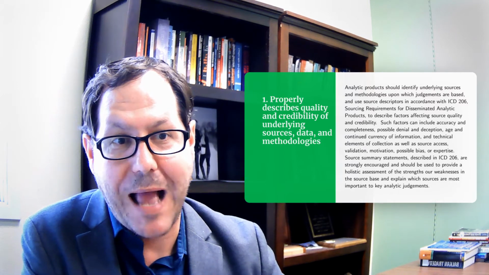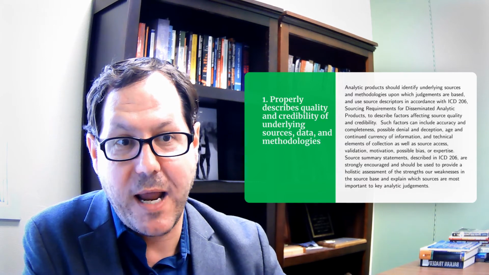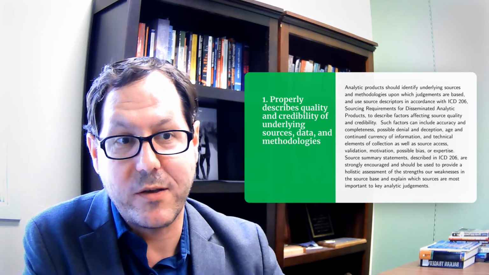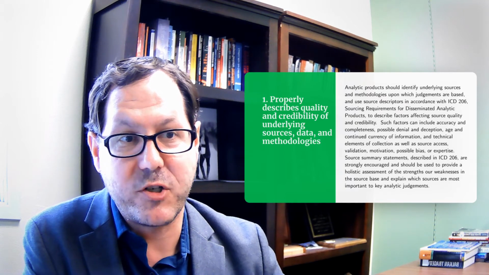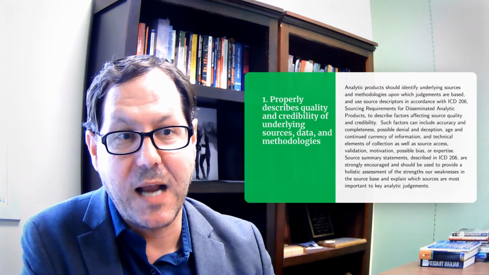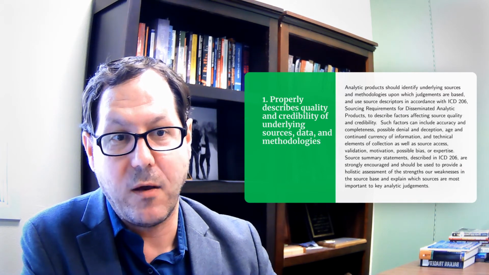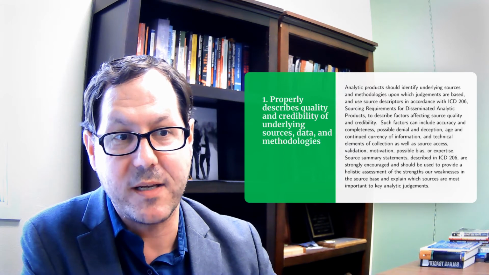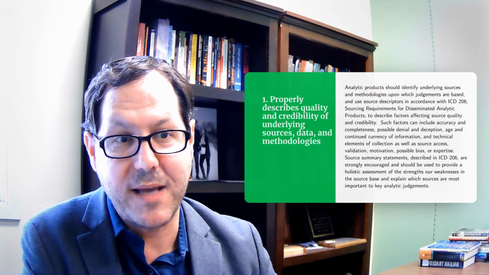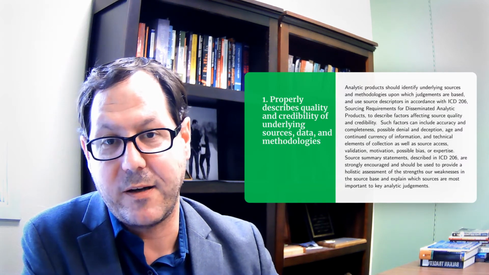Such factors can include accuracy and completeness, possible denial and deception, age and continued currency of information, and technical elements of collection, as well as source access, validation, motivation, possible bias, or expertise. Source summary statements described in ICD 206 are strongly encouraged and should be used to provide a holistic assessment of the strengths or weaknesses in the source base and explain which sources are most important to key analytic judgments.